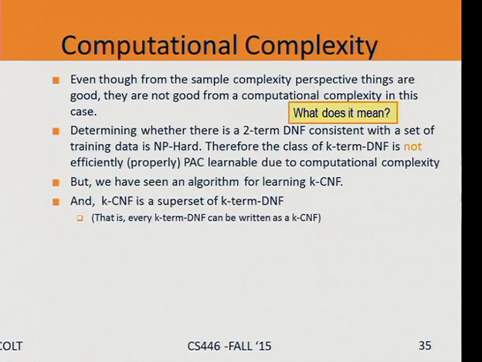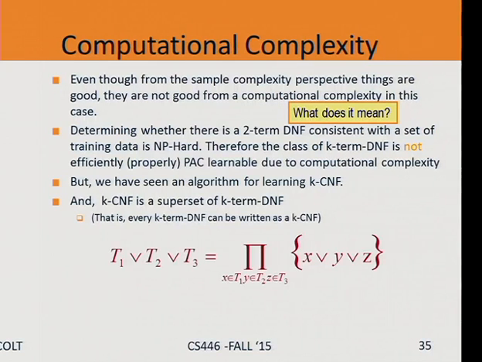I'm going to argue now that KCNF is a superset of k-term DNF. That is, every function that is in k-term DNF can also be written as a KCNF. Again, this is a simple exercise that you can think about yourself. I'm going to give you an idea of why this is true. How would you go about proving something like this?